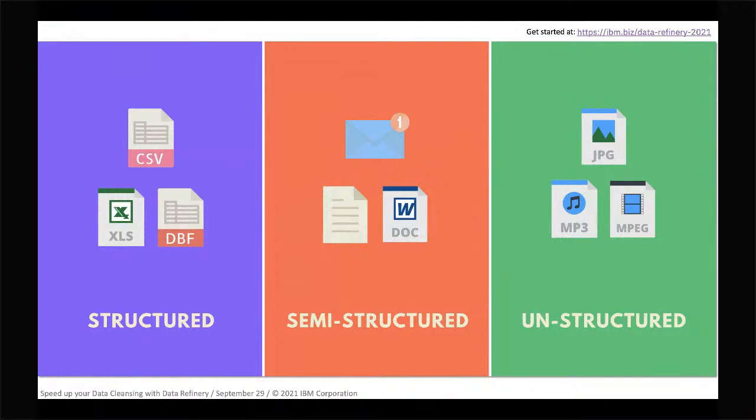Then we have semi-structured data, which requires some kind of processing, such as Word documents or email attachments, and so on. And finally, we have unstructured data, which would be images, multimedia files, and so on. These are the three kinds of formats in which data can be presented to us.